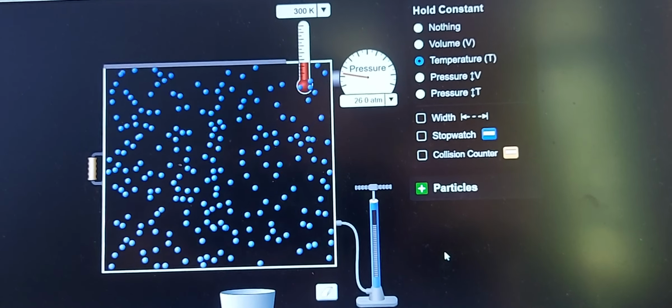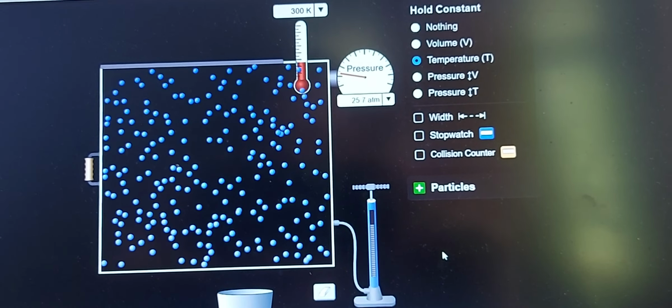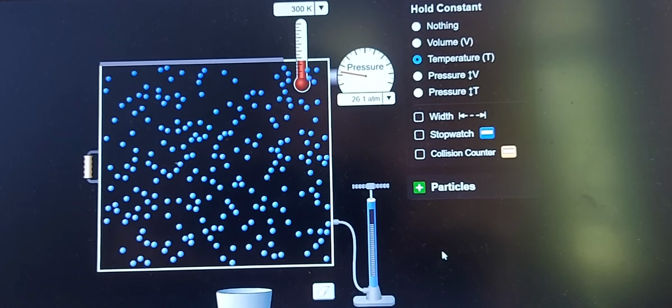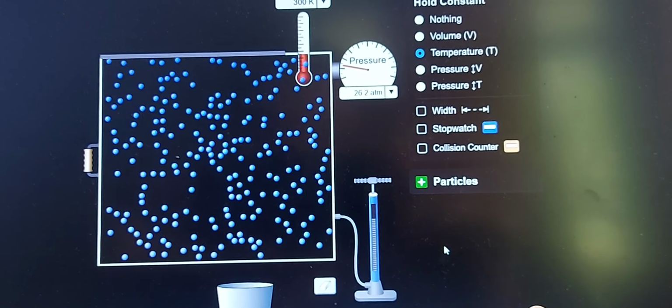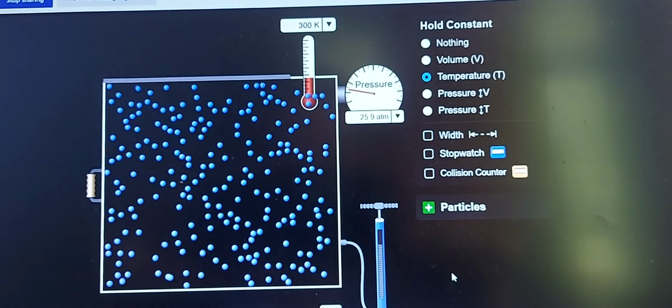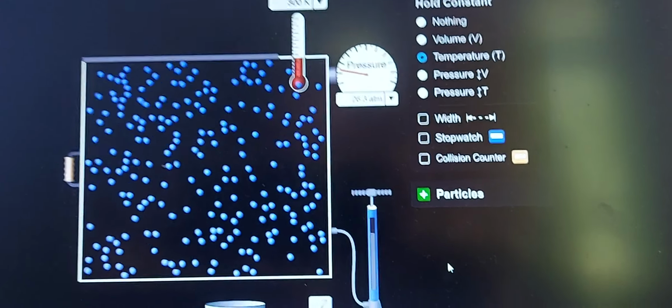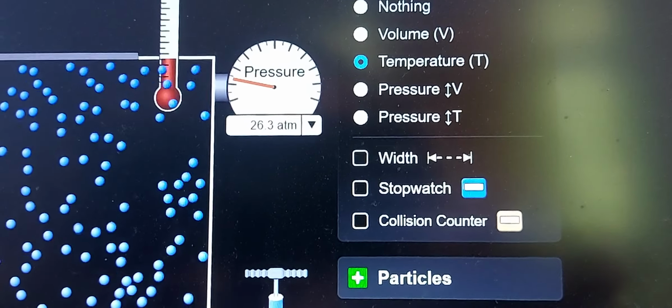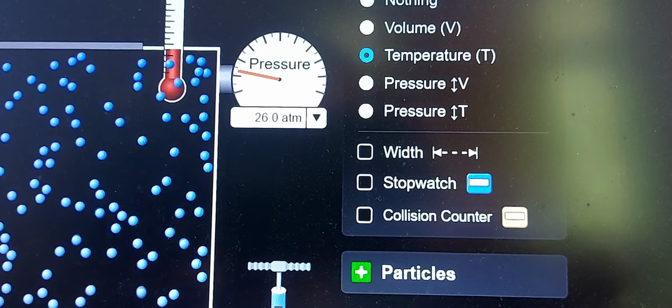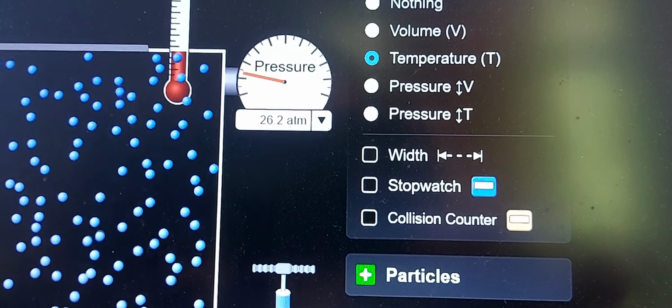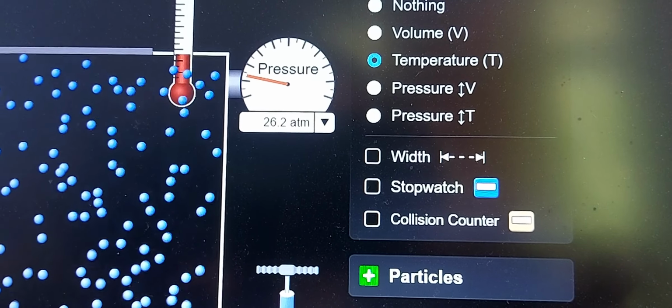Right? There are more now, so you can just imagine how much collision and bumping there is on the walls of the container. We kept the temperature constant, and you will notice our pressure changed to 26 point something.